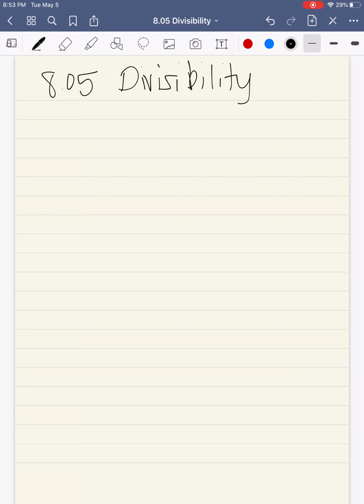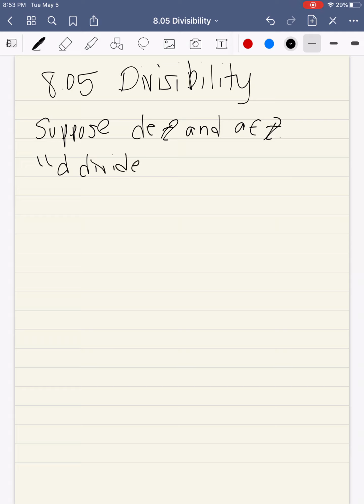So first, let's suppose that d is an integer and a is an integer. The idea that d divides a, or essentially another way to put it, is d is a divisor of a.